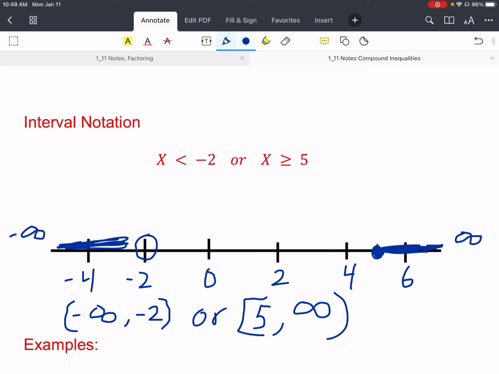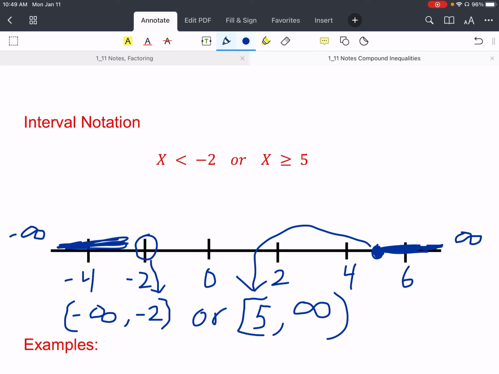So the only change here is the fact that this empty circle shows that it is a parenthesis, and the filled in circle will have a bracket next to the number. We're going to keep infinity as a parenthesis just because that number goes on forever.